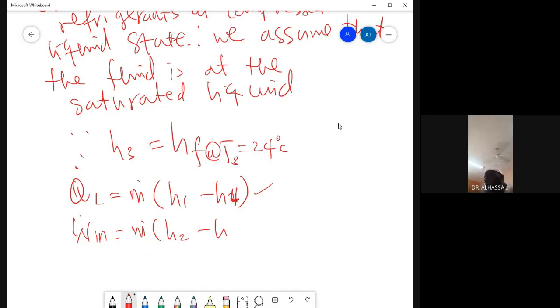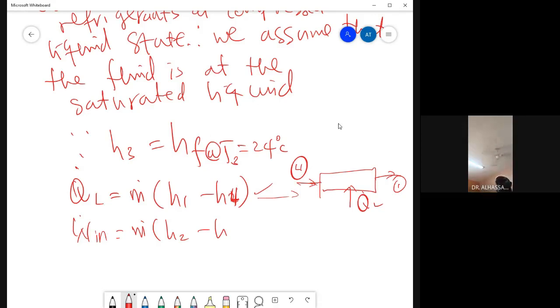Be very careful. For the evaporator, the fluid is entering over here, this is state 4, and the fluid is leaving, this is state 1. And then we have QL, which is this. So it's going to be H1 minus H4.